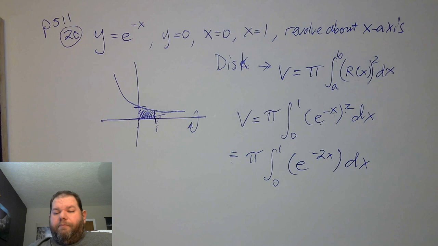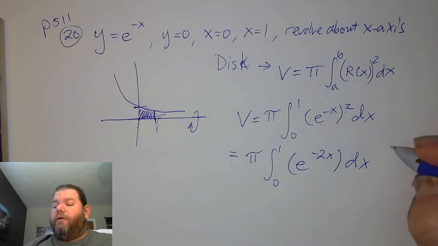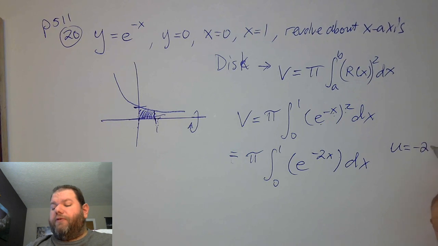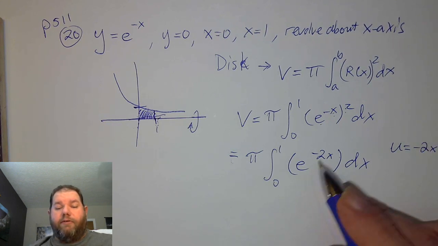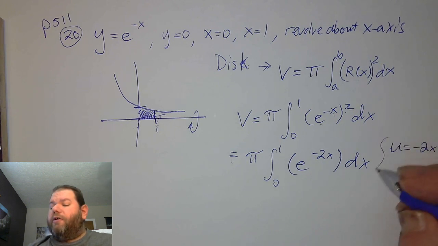Now, with the integral of e to the negative 2x, we could do the shortcut there, which would be negative 1/2 e to the negative 2x will be the integral. But if you want to see the u substitution, we'll just say u equals negative 2x, just so we can have e to the u. And then du is negative 2 dx.